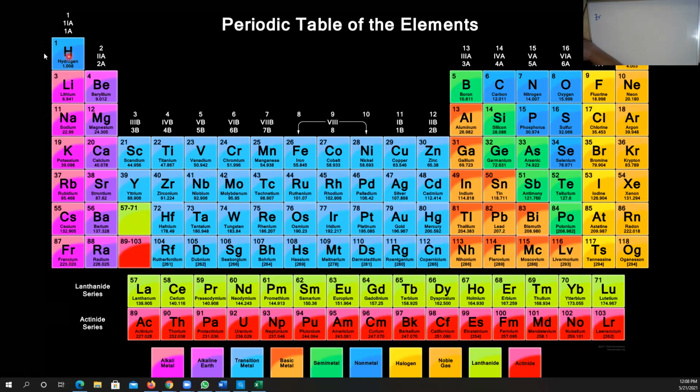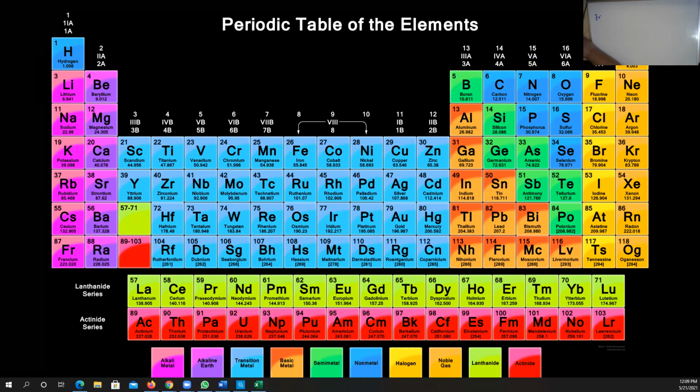And the n value for your S sublevel will be the same as for your P sublevel. So if you have 2s, when you come over here, this little row of 6 elements will be your 2p elements. These are your 3s elements, and then these will be your 3p elements.